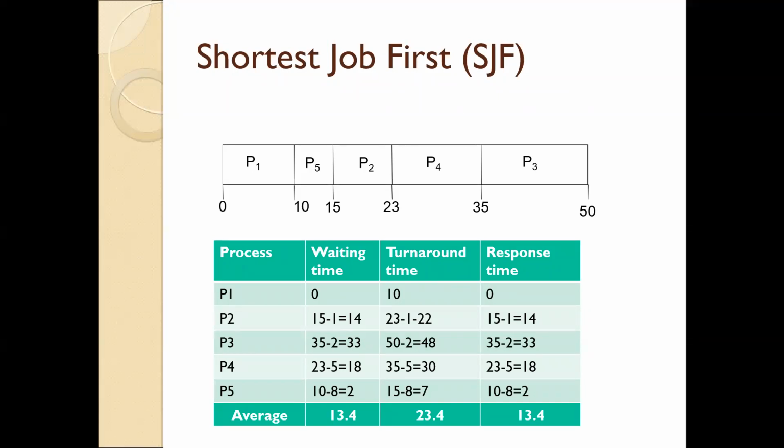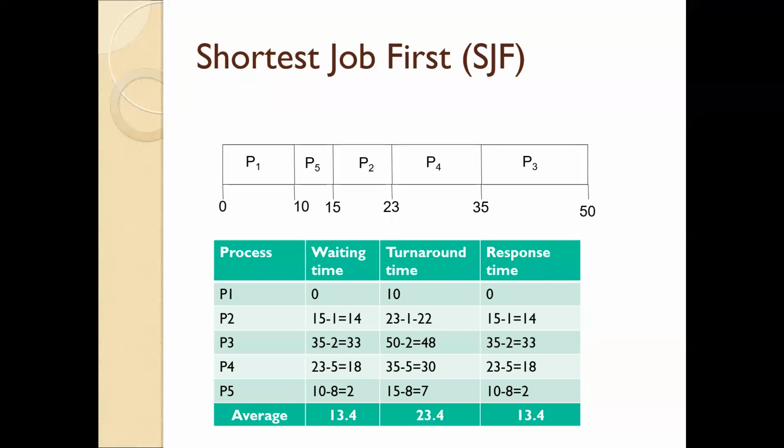So here what you need to understand is that when there are large processes like P3, even though it arrives at 2 milliseconds, it has to wait for 33 milliseconds. That is why this particular approach, shortest job first, has a problem called starvation.